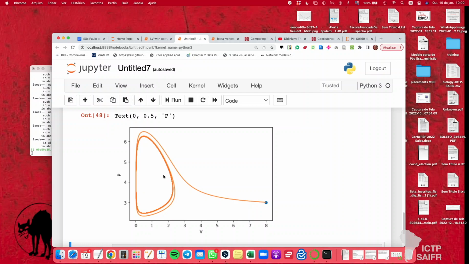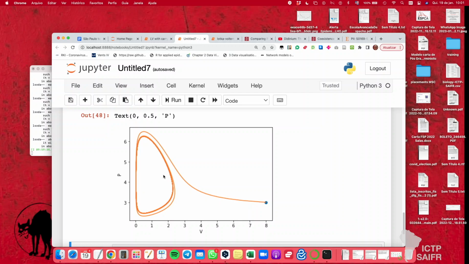Okay? Graphically, if you run this for a longer time, V times P will have some orbit here. It's not a circle, it's anything which is closed, okay? And if I start here, I will go on and approach this thing.